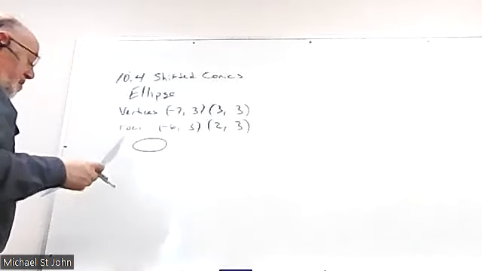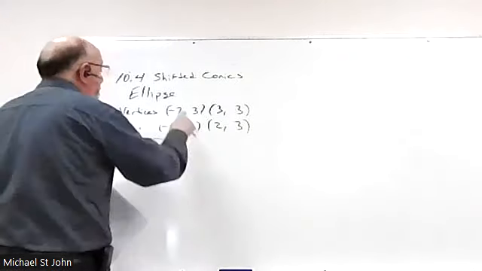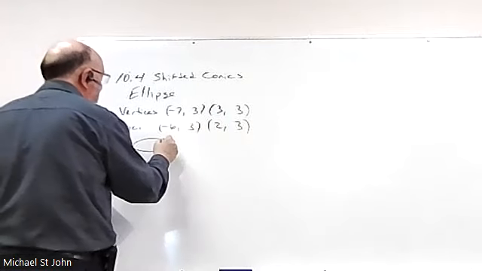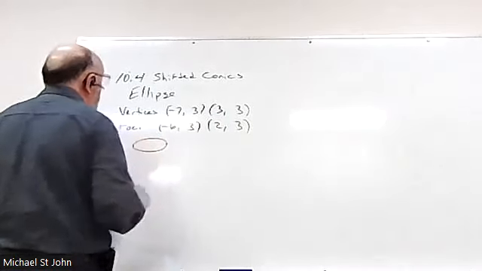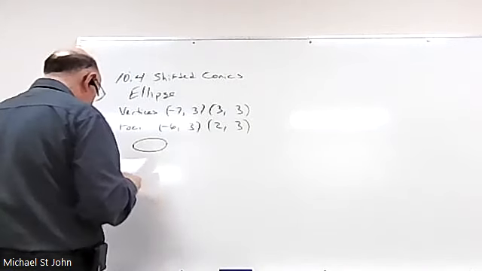So we need to find the center of our ellipse. We can do that from our vertices. Remember, the vertices are at the endpoints of my ellipse. So my vertices are here and here, and so we can find the center there.